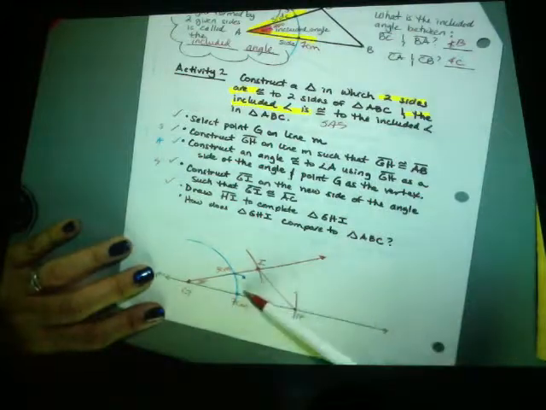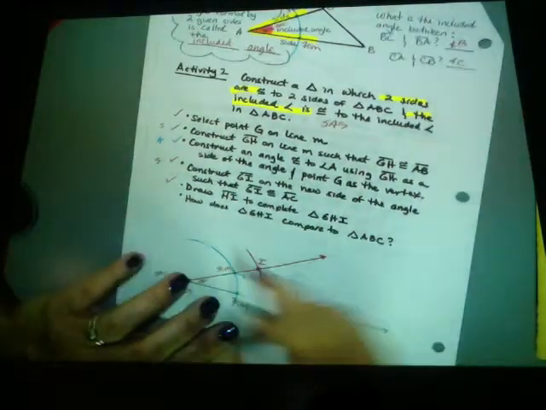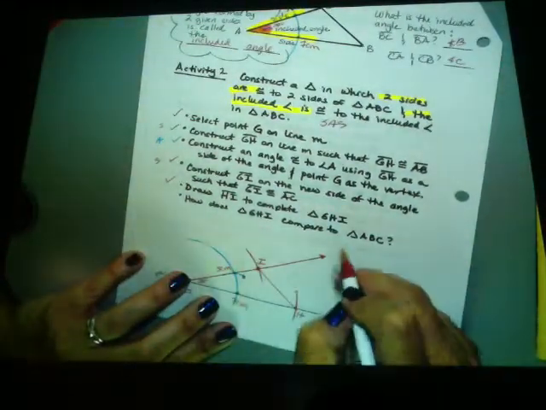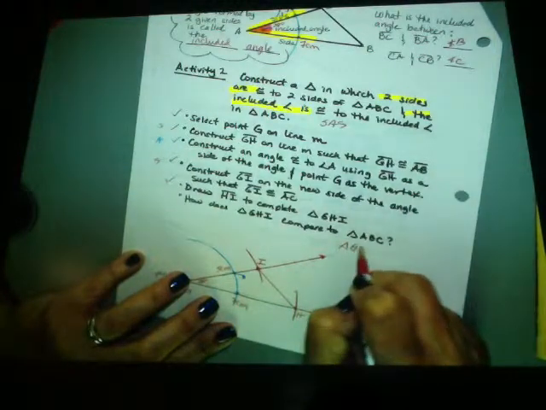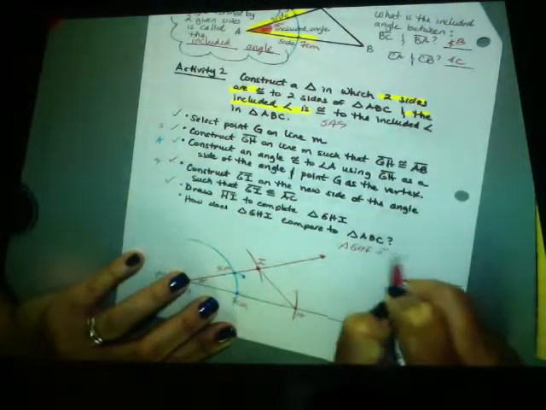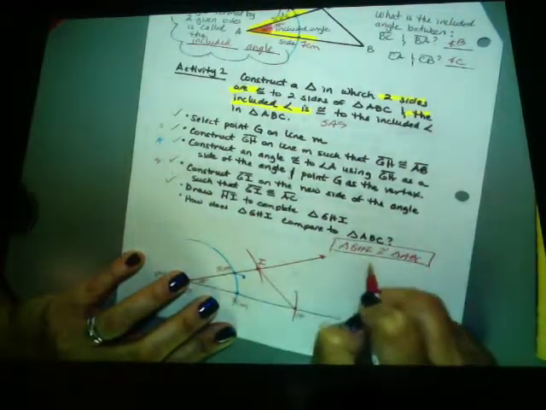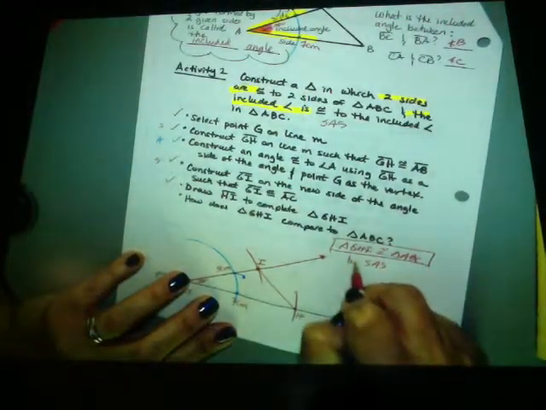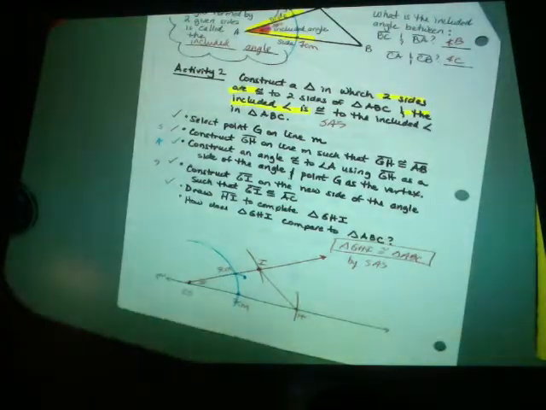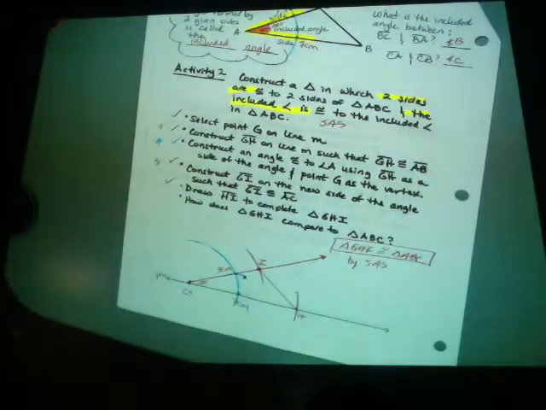We get exactly the same triangles. So how do the triangles compare? They are congruent. Triangle GHI is congruent to triangle ABC, and they are congruent by SAS, which we will learn more about SAS next week, girls.